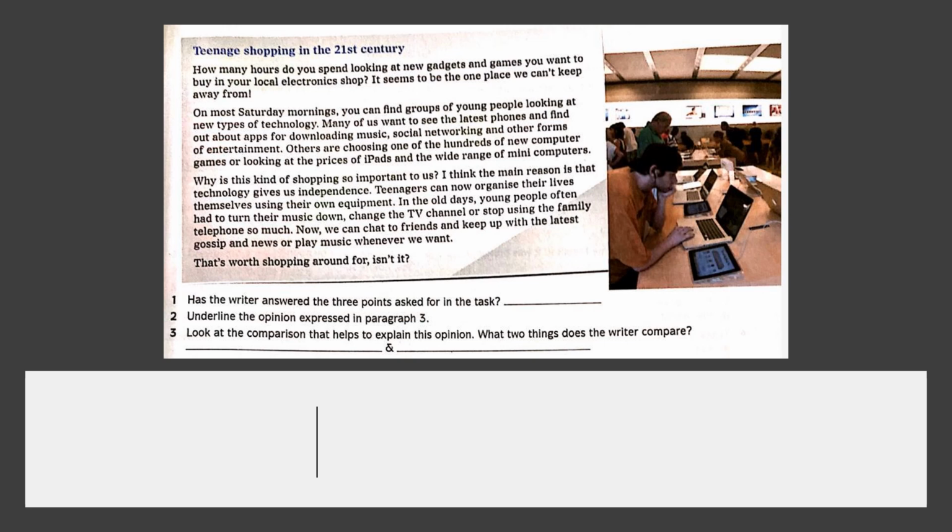Now I think we have the idea and the answer for the questions required. Now let's look at the answers. Here are the answers for the questions. The answer for question number 1 is obviously yes. The writer did state the 3 points asked for in the task.